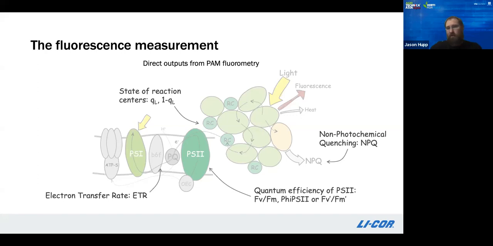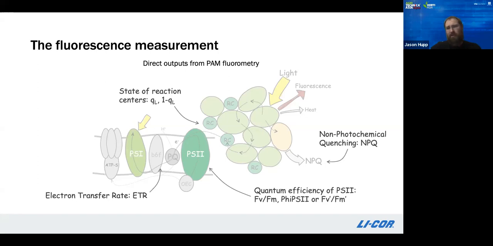And then we have this parameter Fv'/Fm', which is measured a little bit differently than what I showed in the previous slide, but it's something that we still do. And that falls somewhere between the maximum potential efficiency, Fv/Fm, and the operating efficiency. It's sort of how good the leaf could be if we could get rid of some instantaneous stresses.